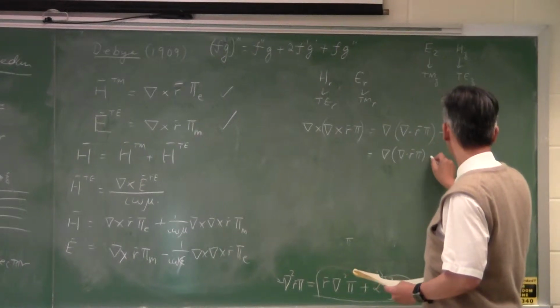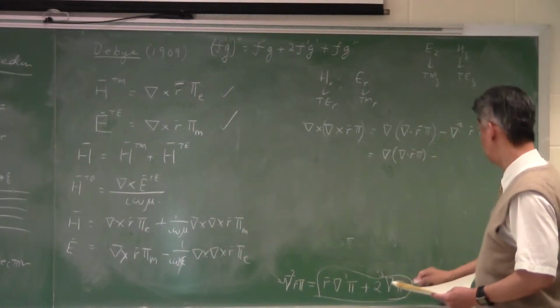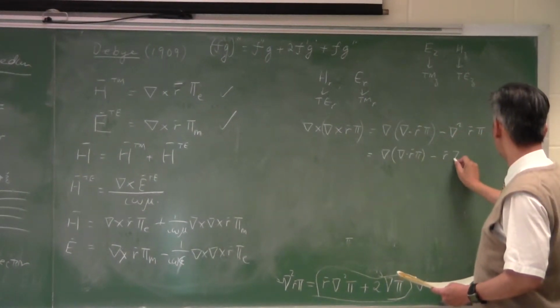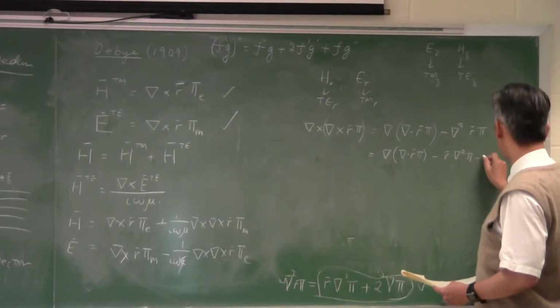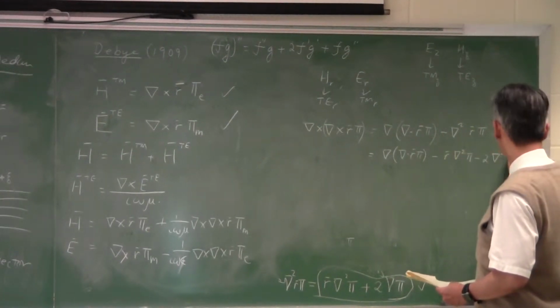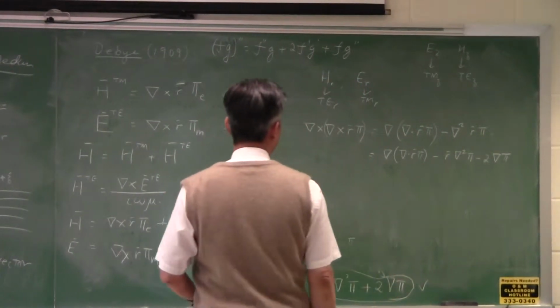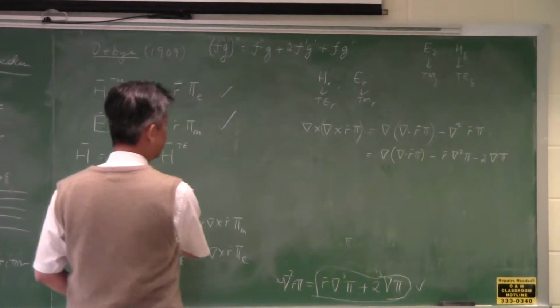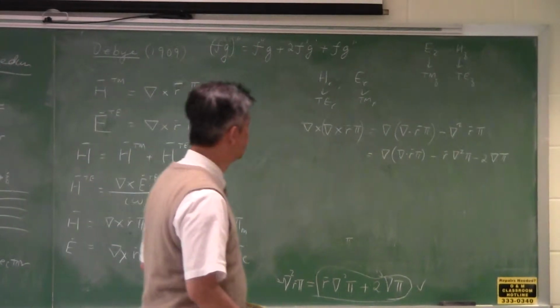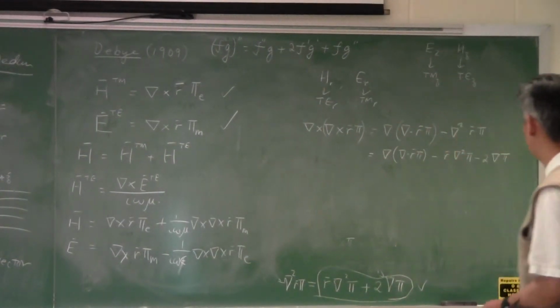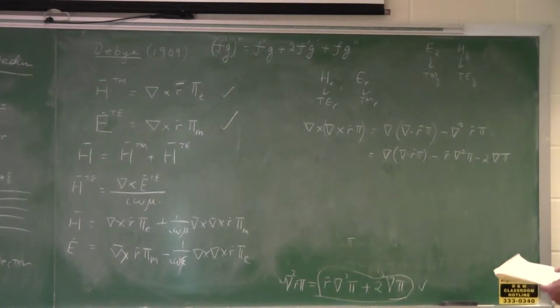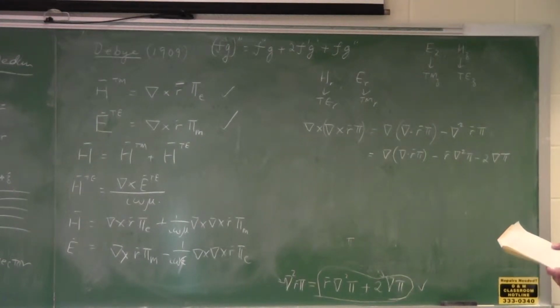r pi minus, according to this identity, r Laplacian of pi minus 2 gradient of pi. And if I plug this into here, let me see, did I get this correct? If I extract the r component, let me see, did I get this correct?